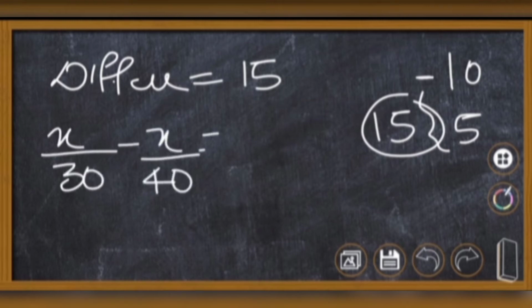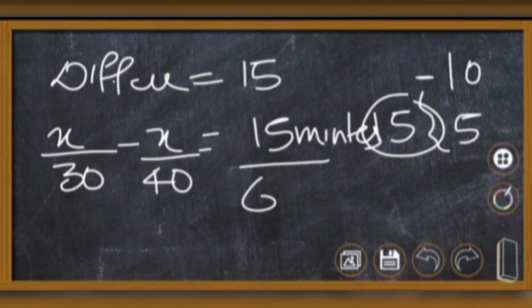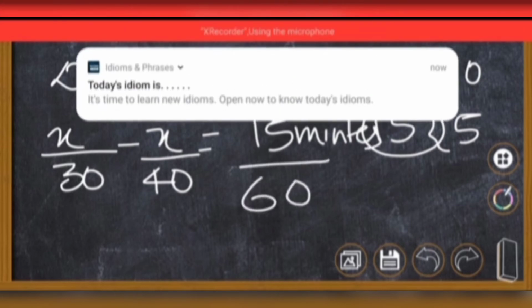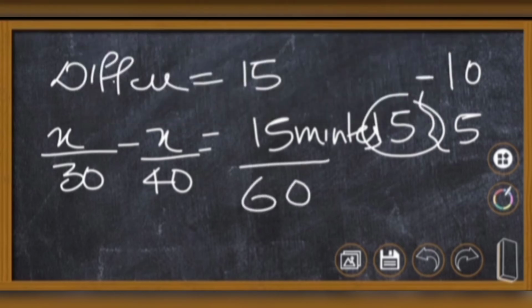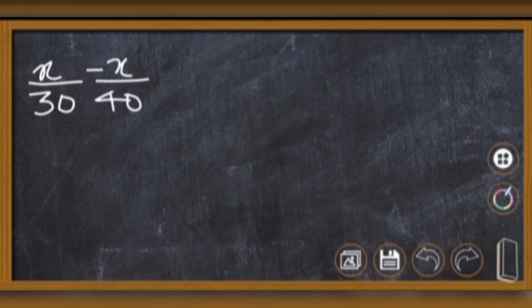Okay, the overall difference between the time is 15 minutes. So, x by 30 minus x by 40 gives 15 minutes, that is 15 by 60 hours.